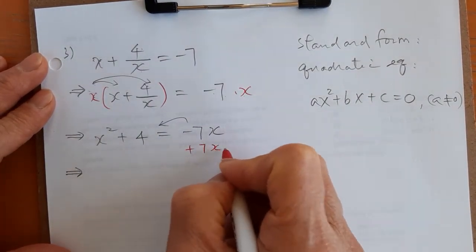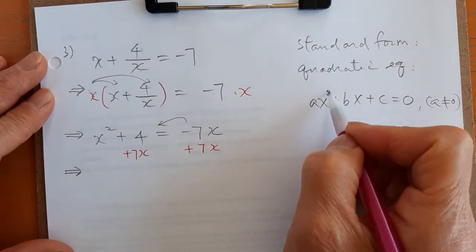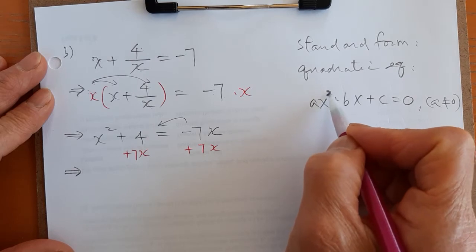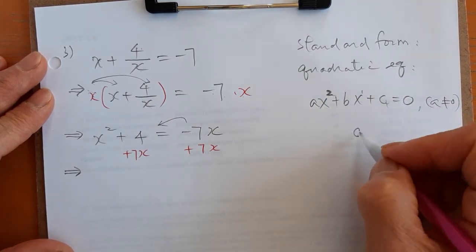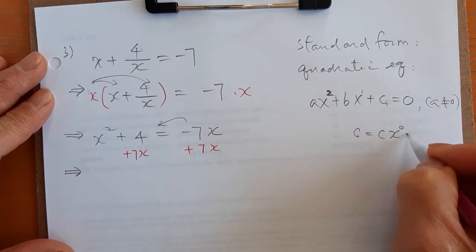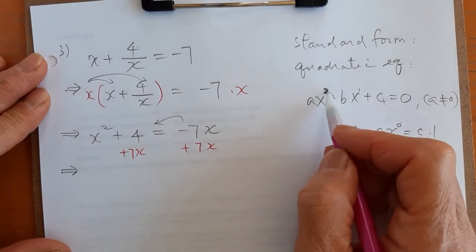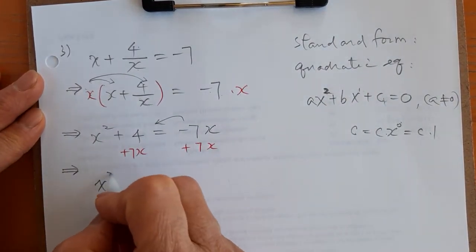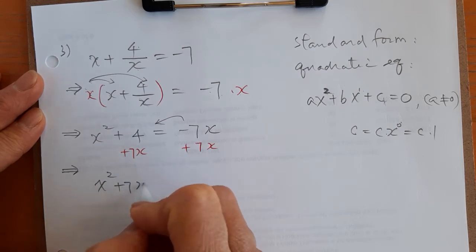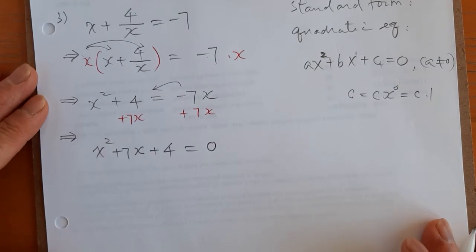Add 7x to both sides and put in descending order according to the degree of each term: 2, 1. C is c times x to the power 0, because x to the power 0 is 1. So degrees are 2, 1, 0. Then we put it in descending order: x squared plus 7x plus 4 equals 0.